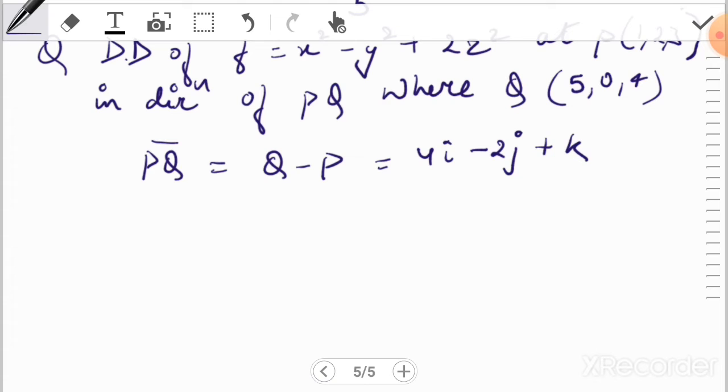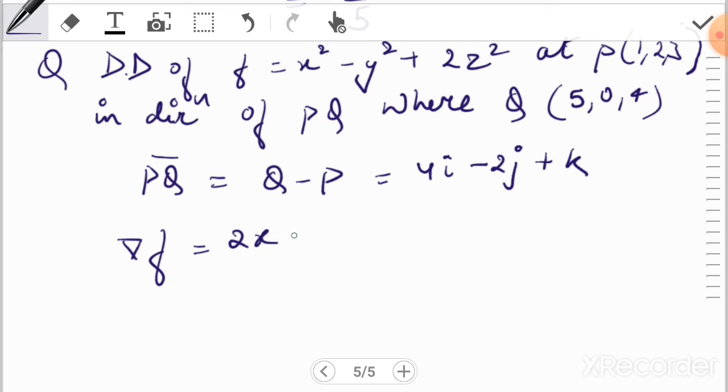So find out the gradient of f, which is 2xi minus 2yj plus 4zk.